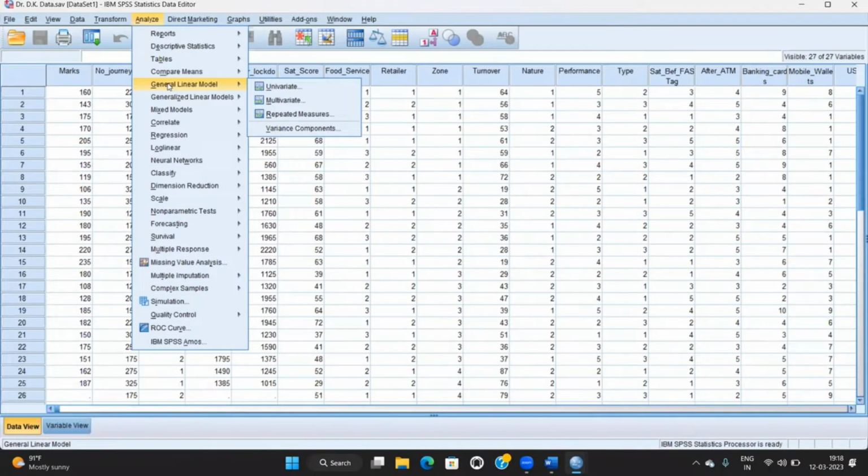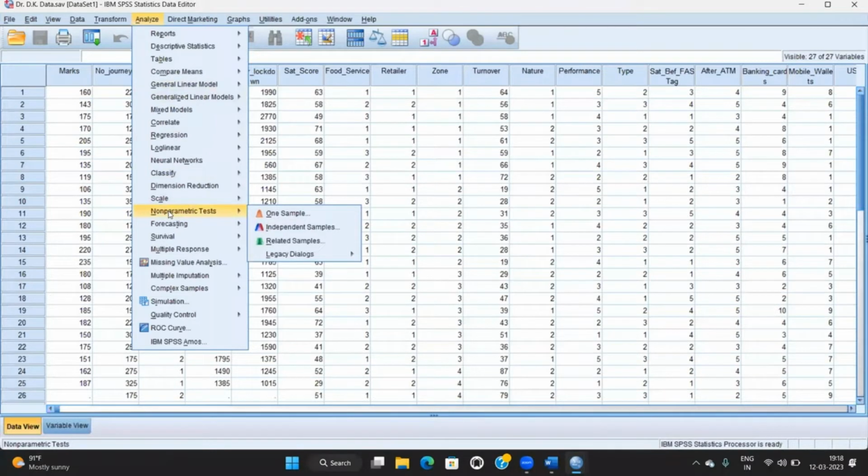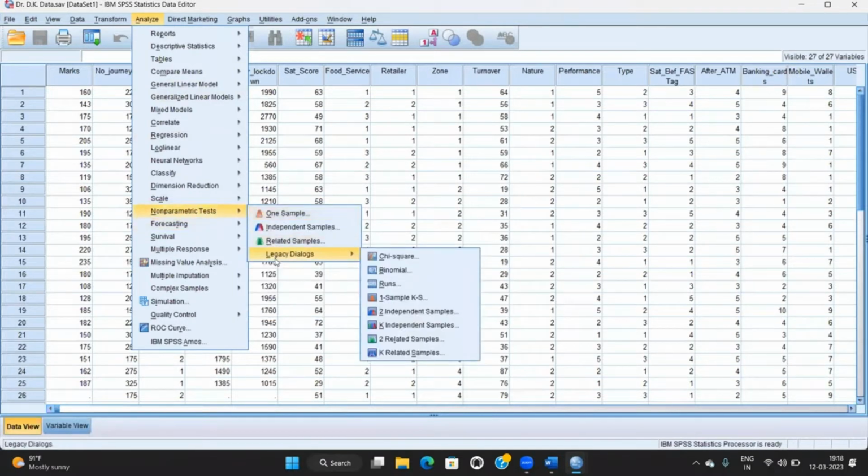Now, for applying non-parametric tests, you go down. Non-parametric tests. Here you go to Legacy Dialogs. If you select Legacy Dialogs, then on the right hand side, one more drop down menu appears. Look at this: Chi-square, one sample KS test, two independent samples test.